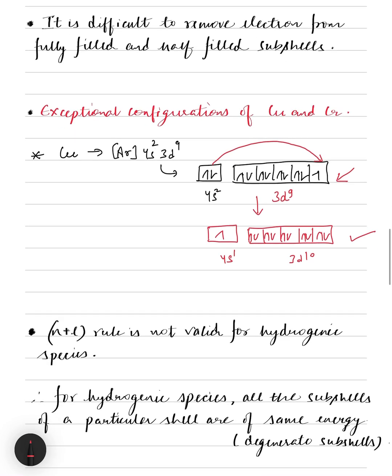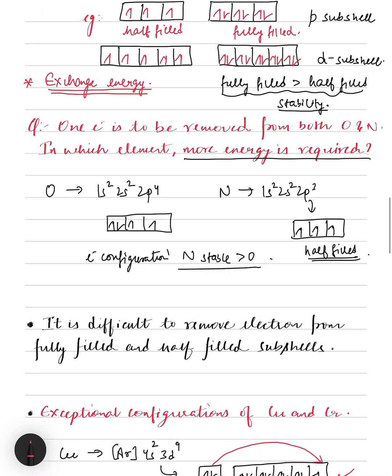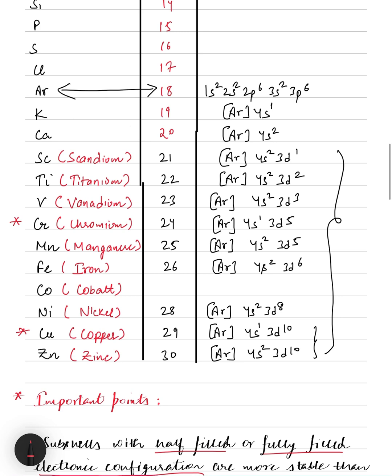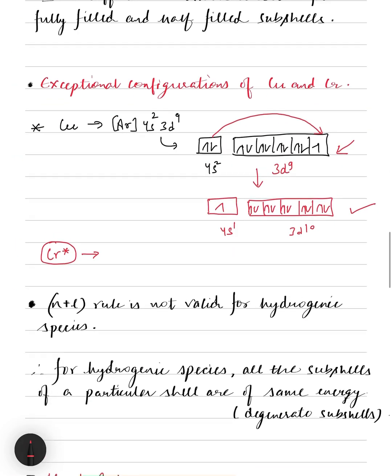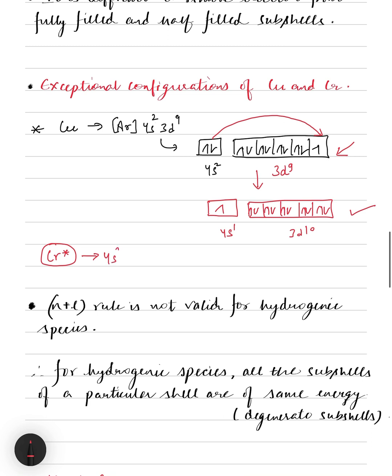Similarly, in the case of chromium, just like we have understood copper, the understanding of the configuration of chromium is homework for you. Understand it in a similar manner. Chromium comes after vanadium, and vanadium is 4s2 3d3, so chromium should be 4s2 3d4.